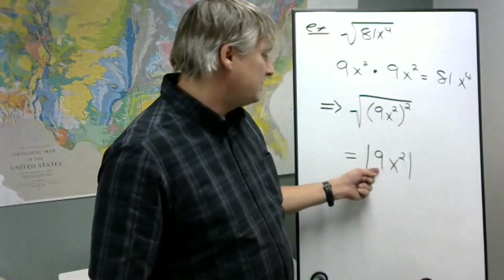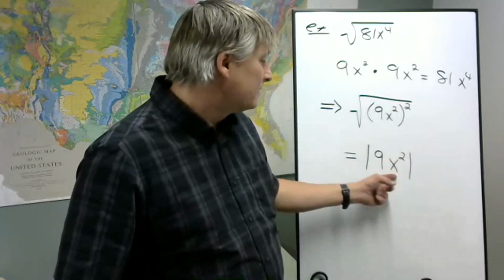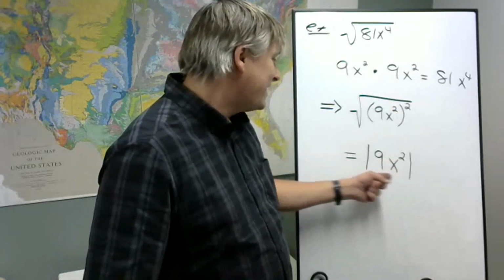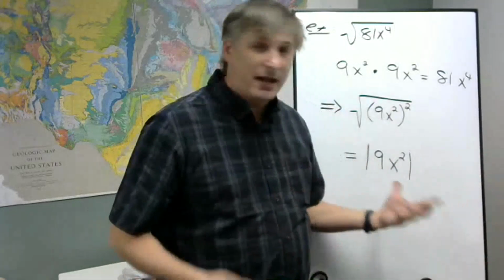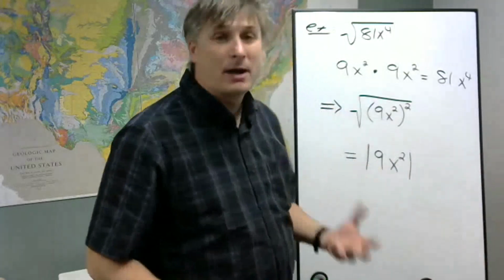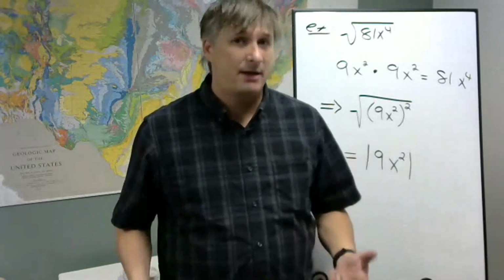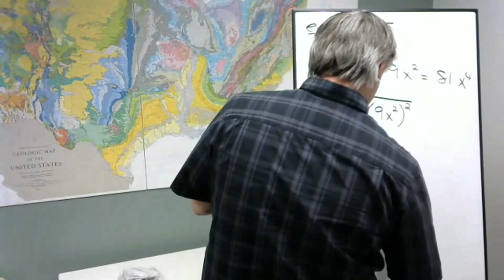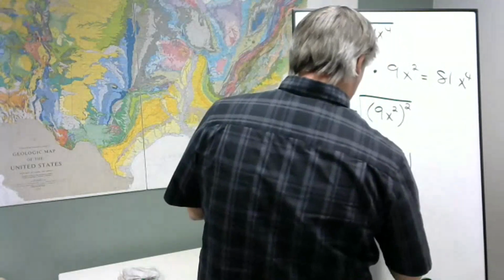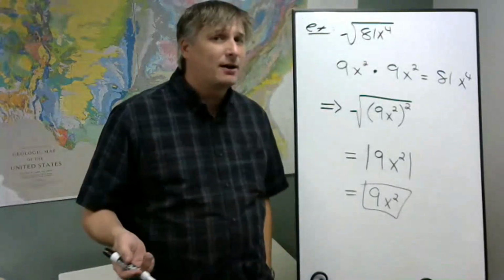So this will always be positive. This will also always be positive. That means we're not going to get something negative in here that we have to convert to a positive using absolute value. It'll always come out positive. When we have that situation, we can drop the absolute values, because 9 is positive and x squared will always be positive, at least until we get to complex numbers.